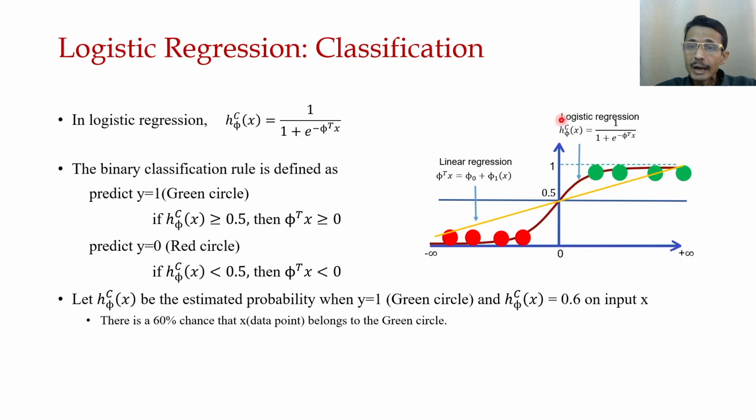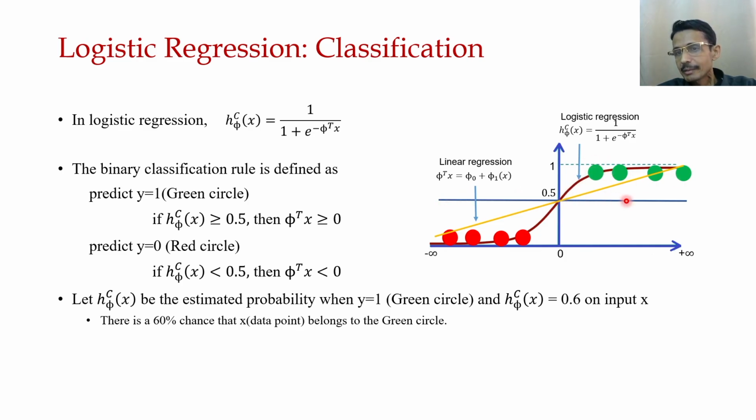If we have a linear regression function, this line, now we are putting this curve, and our classification rule is defined such that if this hypothesis function is greater than 0.5, then we say it is a green circle.